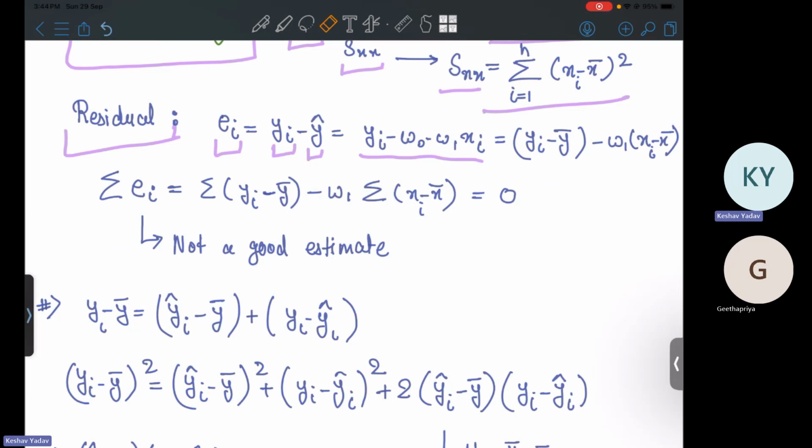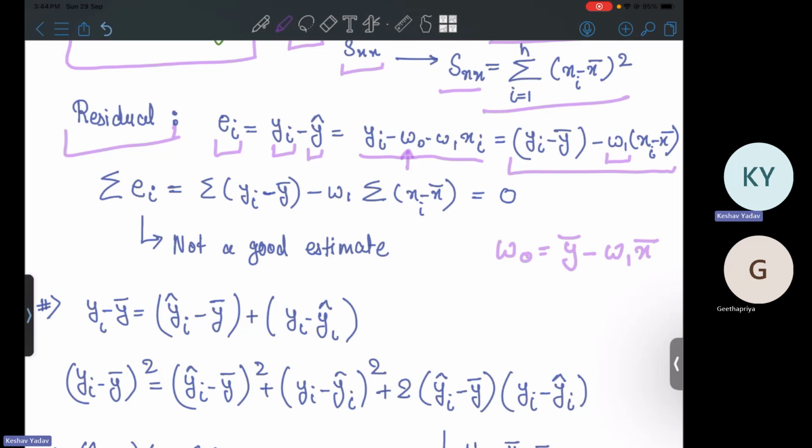Now what we can do here is put the W0 value. W0 will be what? y bar minus W1 x bar. So we can put this value here for W0. Then we will find this expression: yi minus y bar minus W1 times xi minus x bar.